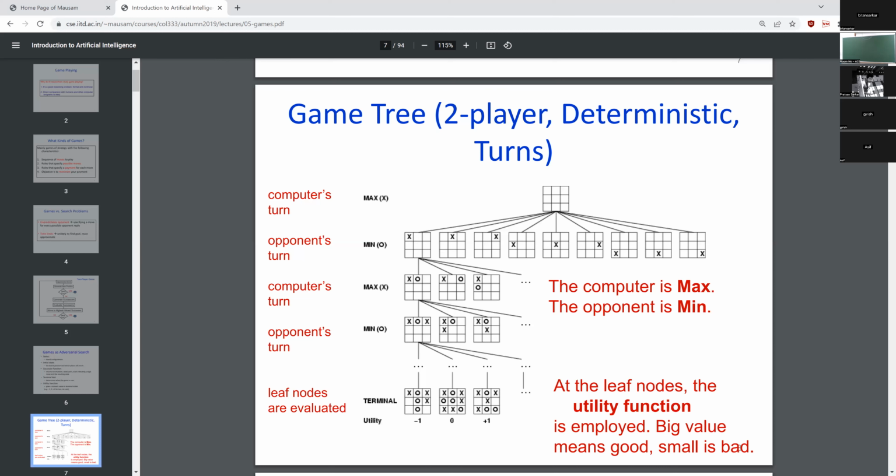Now there is some terminology. Look at the left-hand side column shown with max x and min 0. The meaning of a max node is that the AI agent is going to make a move in a max node.